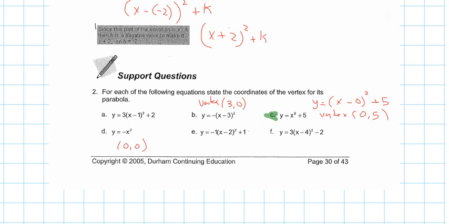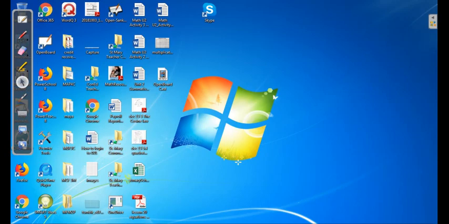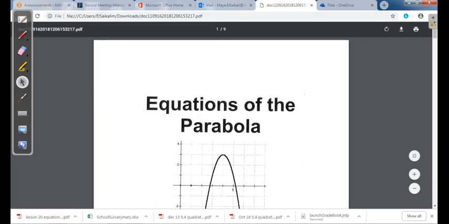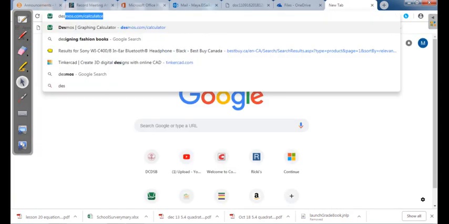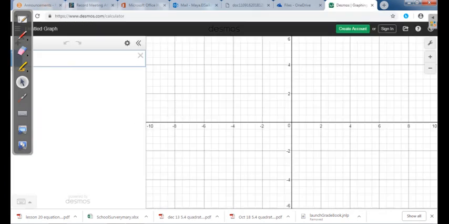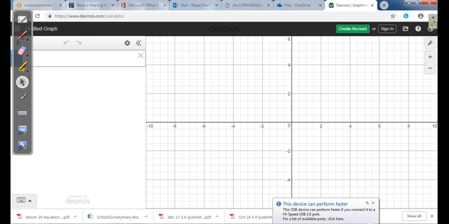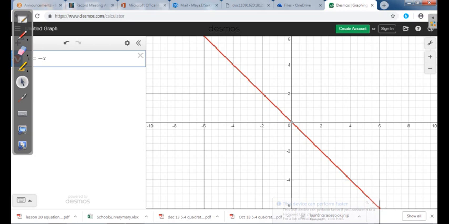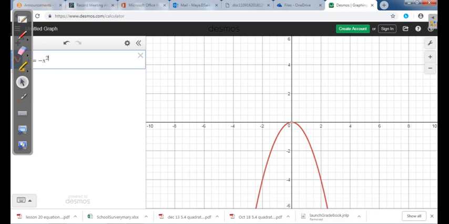You can graph it. I'll show you. It's a vertex at 0, 0. Let me show you. 0, 0 would just be a dot on 0. It's just the vertex at 0, 0, right? It's just that hump, right? So if I look at it, y equals negative x squared, my vertex is at 0, 0.